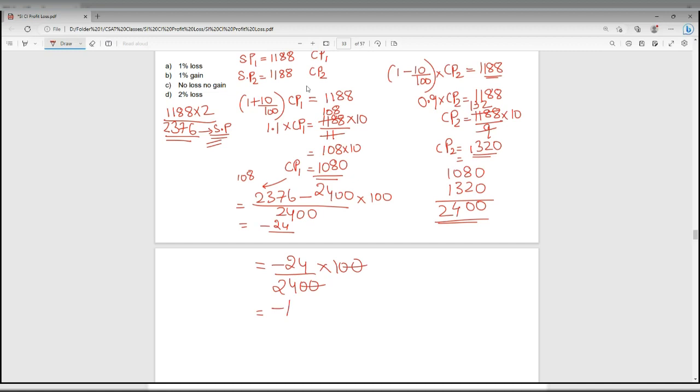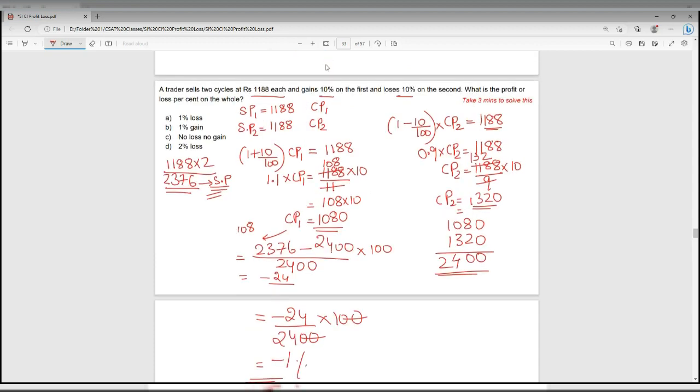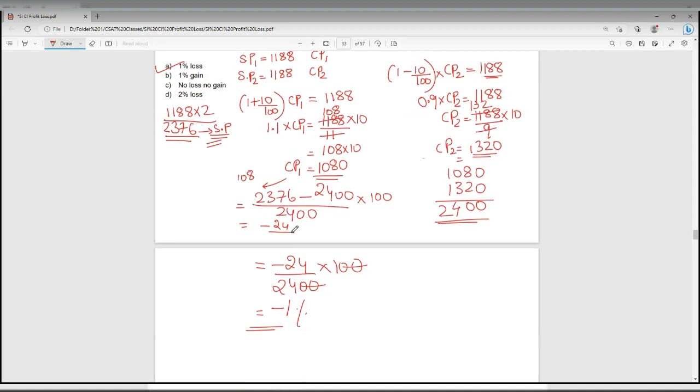So the loss percentage, when you combine it, is a 1% loss. This is minus 1%. The correct option is option A. I hope this is clear. 24 ones are 24, so this is minus 1. I hope this is clear. If you have any doubts, please ask.